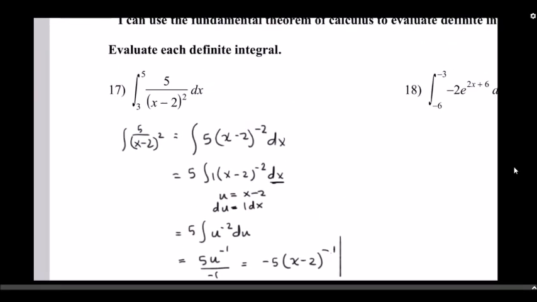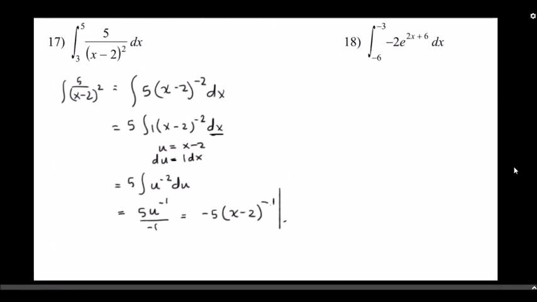So I'm going to go ahead and unsubstitute for the u. U, remember, was x minus 2. So we have -5 times x minus 2 to the -1. And now we need to evaluate that antiderivative with our limits of integration, which were between 3 and 5.